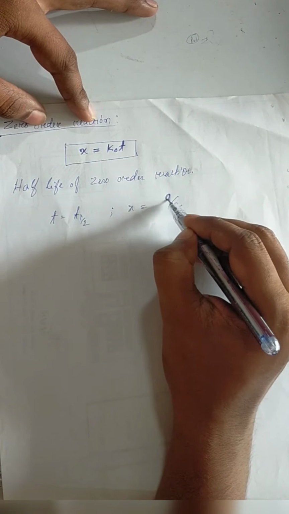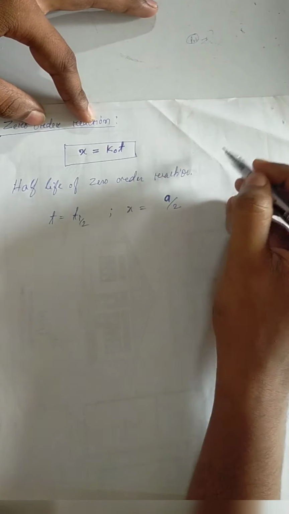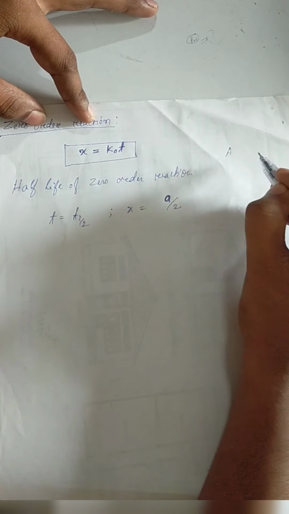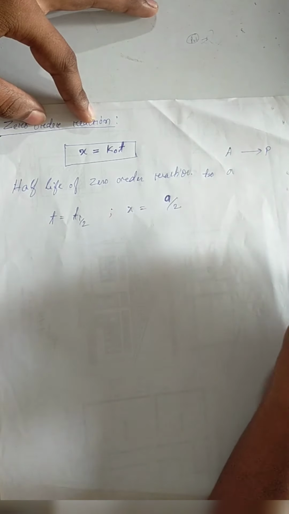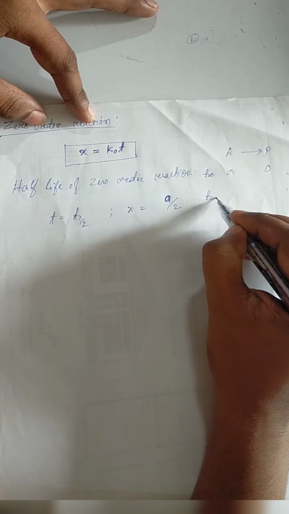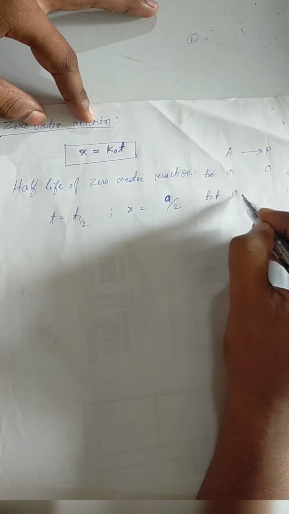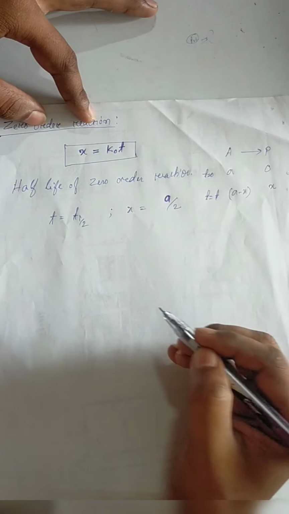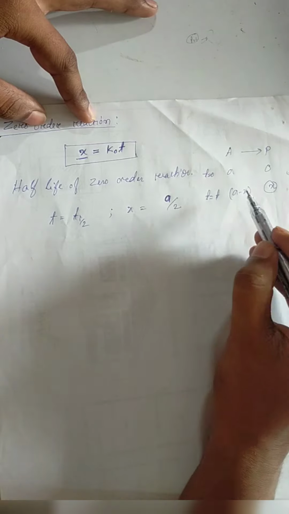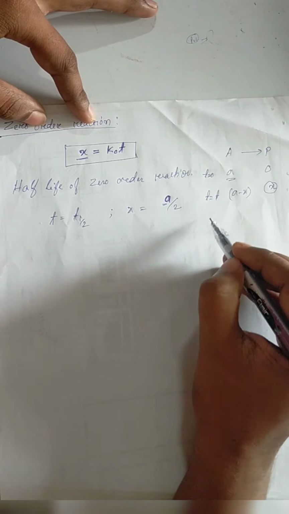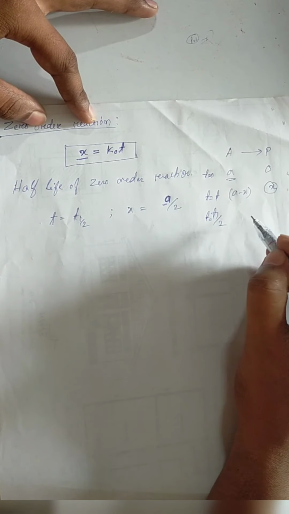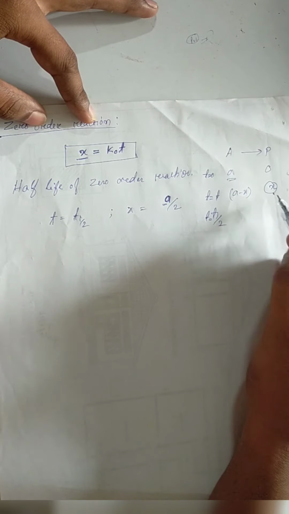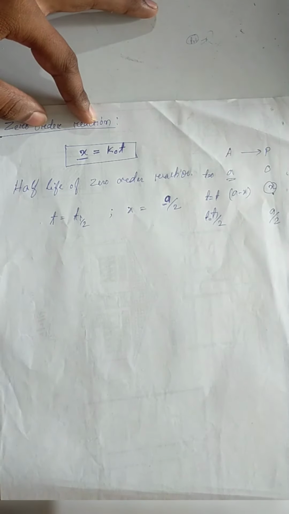So a is the mole of reactant, when a is the reactant, p is the product. At t is equal to 0, a is here, product is 0. When t is t, then it will be a minus x, and it will be the x. So when t is t half, this will be a by 2, and of course it will also be a by 2.